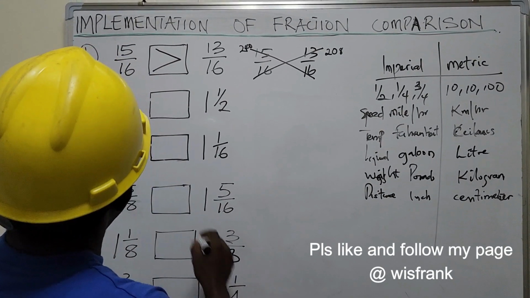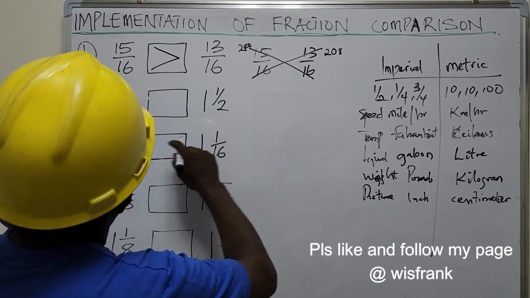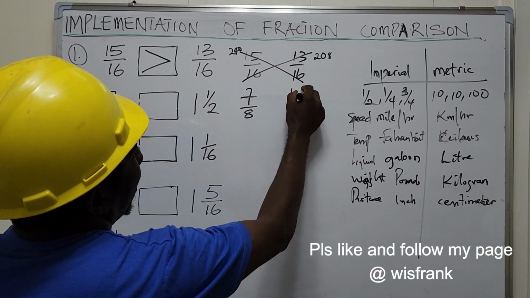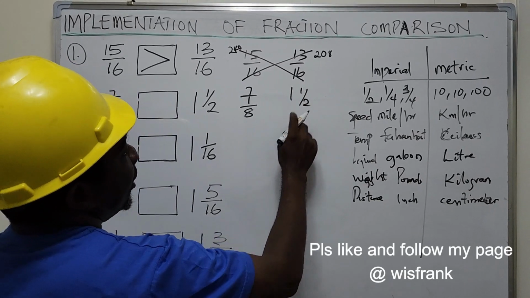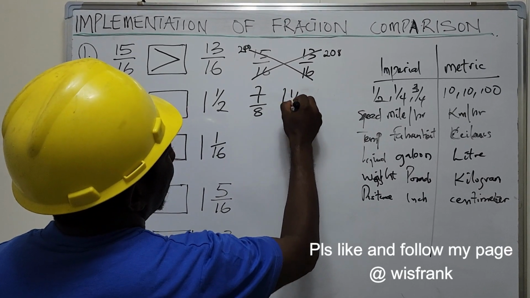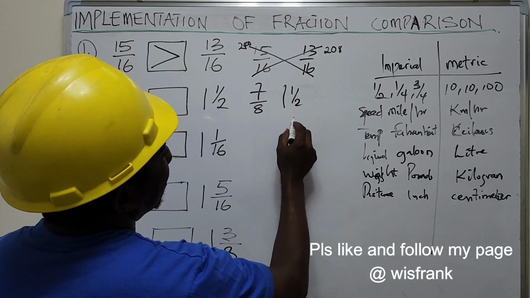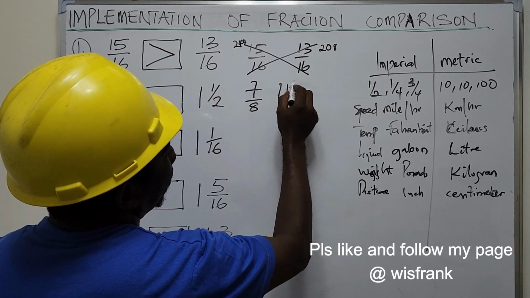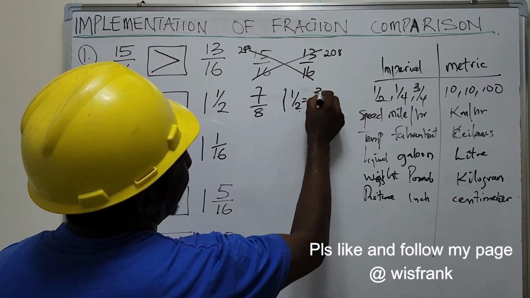Also we have 7/8 and 1.5. This 1.5 is the same thing as, if you multiply 2 times 1, we have 2, 2 plus 1 we have 3, which is equal to 3 all over 2.